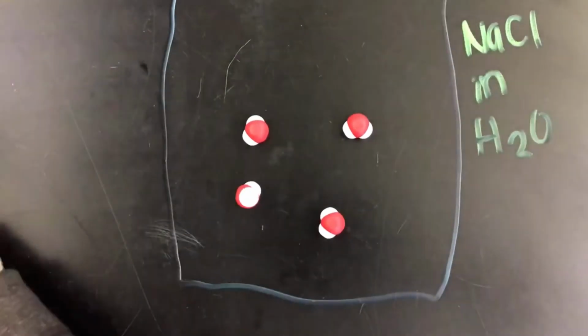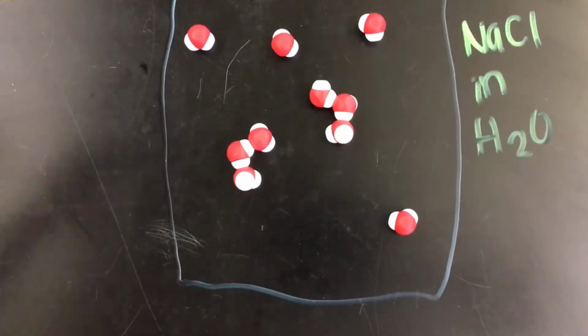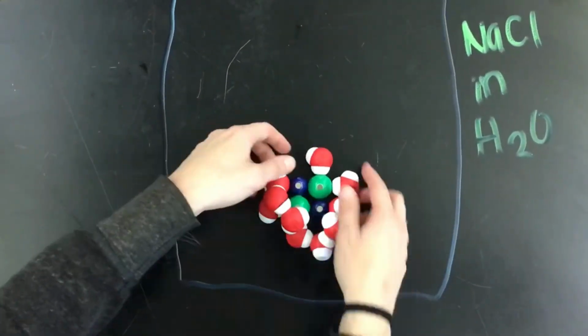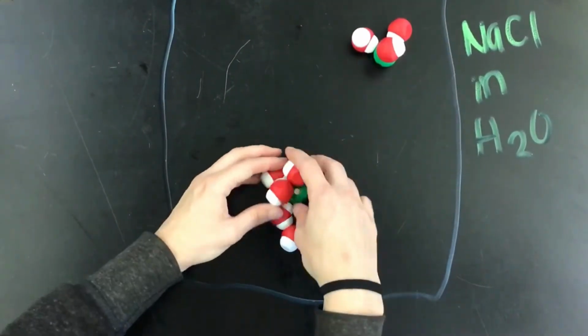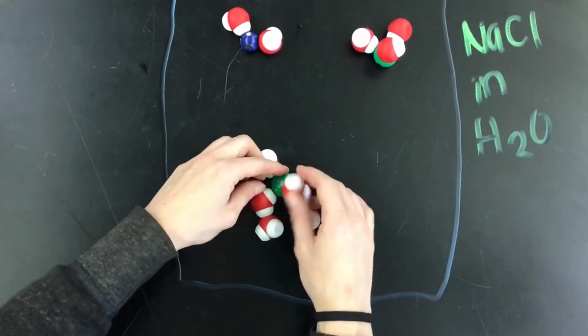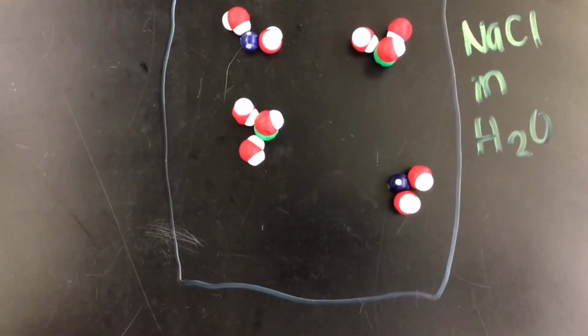Here's a quick visual to help you see what I mean by saturated versus unsaturated. If I have some water and I drop in sodium chloride, NaCl, as the NaCl dissolves, it dissolves because water molecules surround the individual particles, the ions that make up NaCl, and physically pull them apart. That's what happens when a solid dissolves.